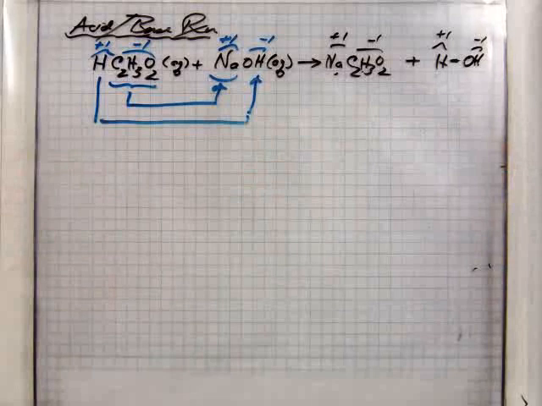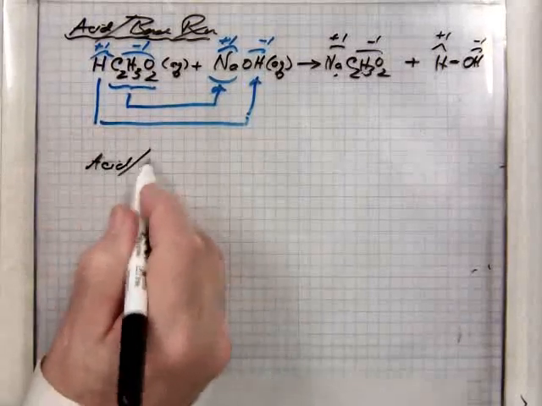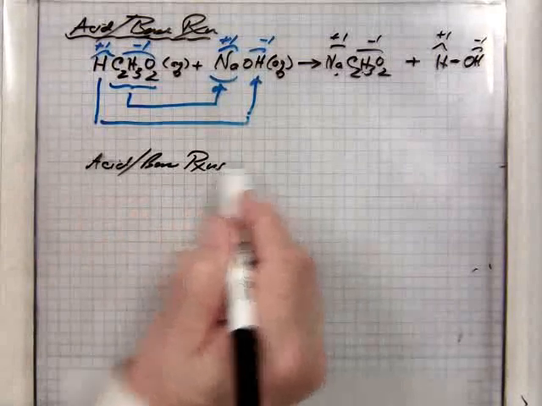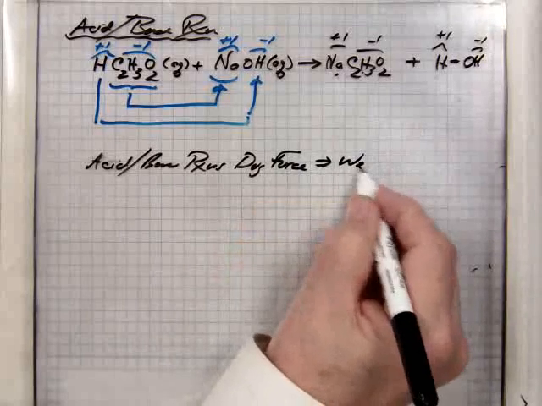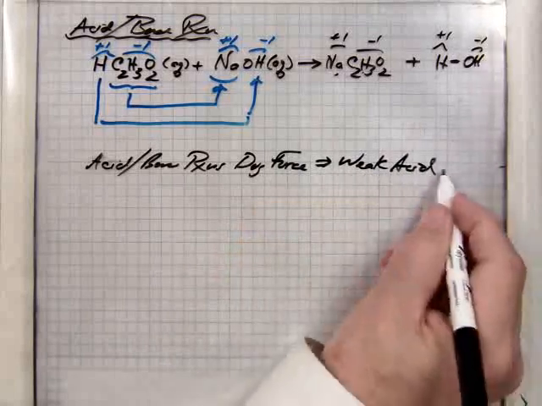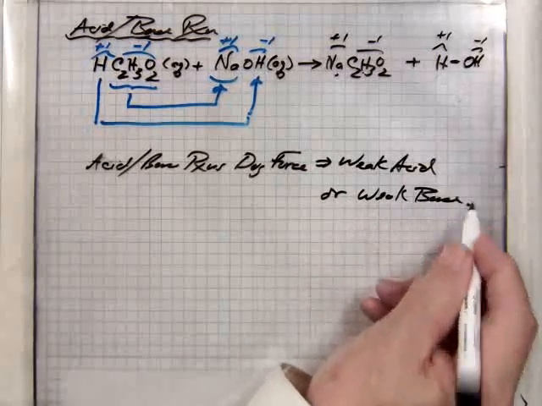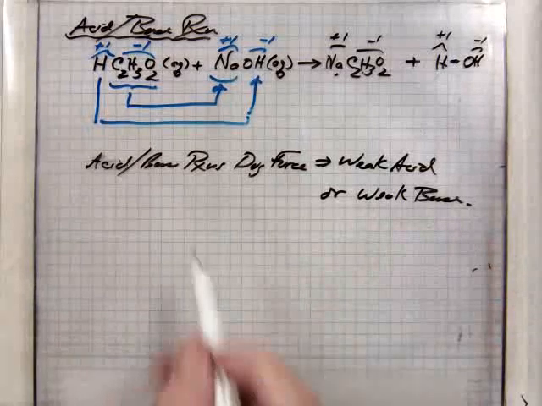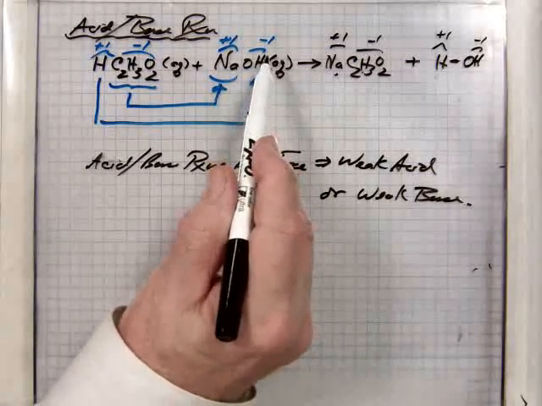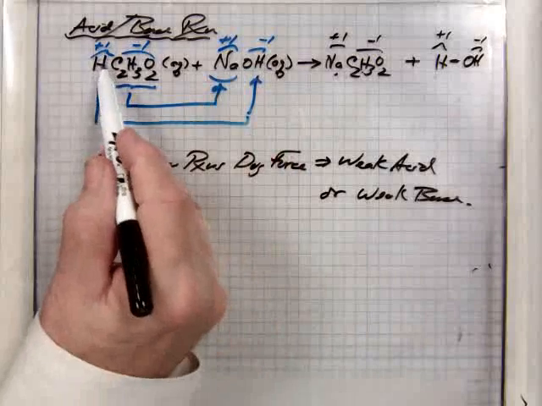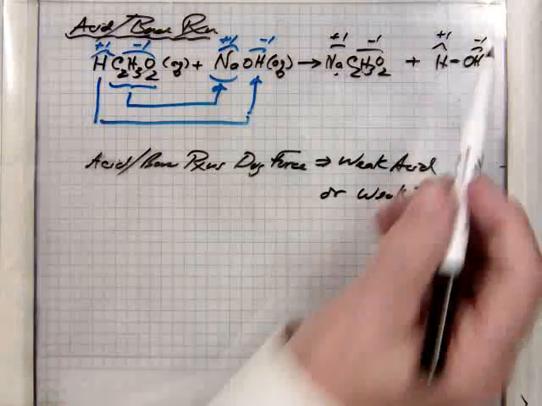In acid-base reactions, the driving force is a weak acid or weak base, such that the hydrogen hooks up with the anion, say for example OH, more strongly than the hydrogen would hook up with the acetate ion. So that's why I'm showing it over here.